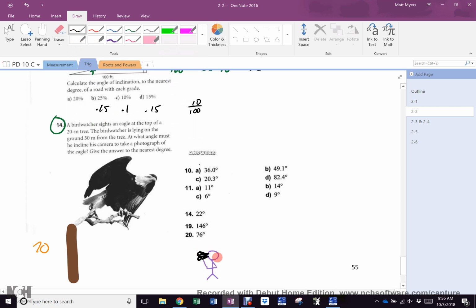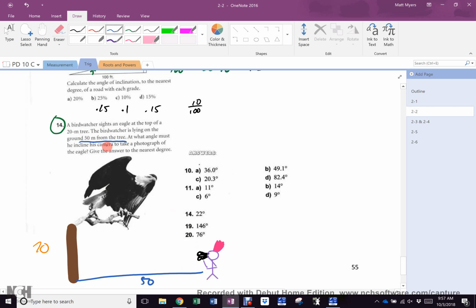There's his binoculars, and he's a punk, so he's got a pink mohawk, and he's a nudist, because I can't be bothered drawing clothes. Why don't you give him shoes? How far away is he? Where's the 50? Right, because he's 50 meters from the tree, not 50 meters from the bird. There is 50.